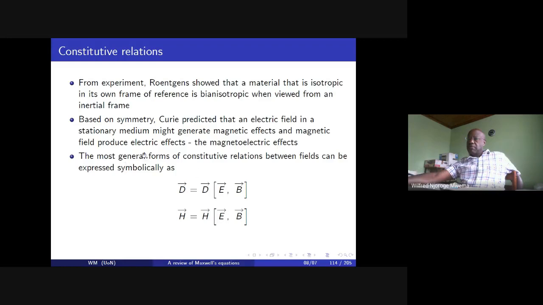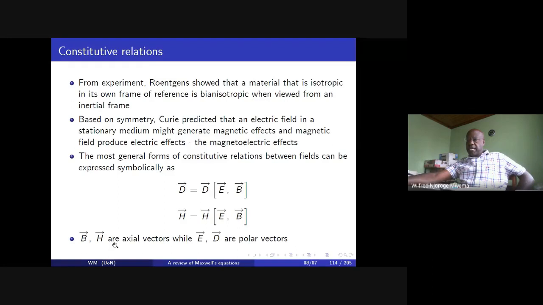So the most general forms of constitutive relations between fields will be expressed symbolically as shown, that D is a function of E and B, and H is a function of E and B. That is, E and B are taken as the independent variables, and the others are therefore defined from there.